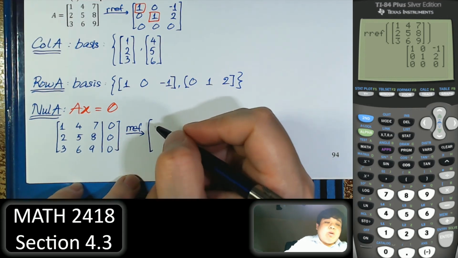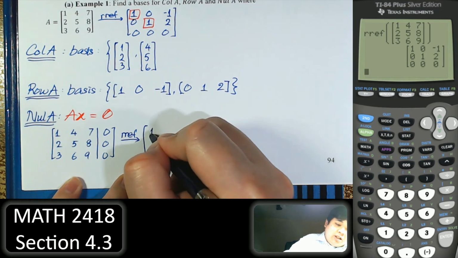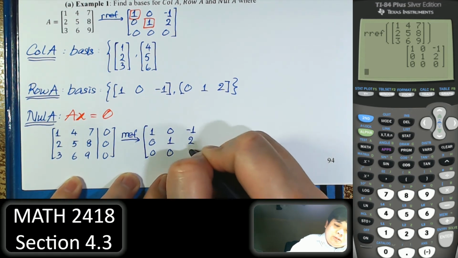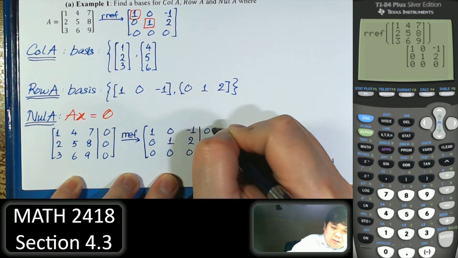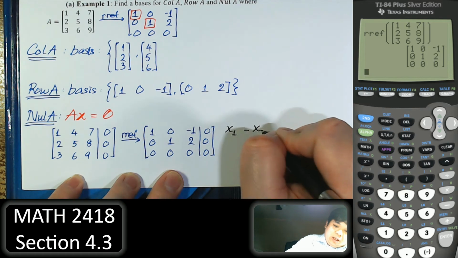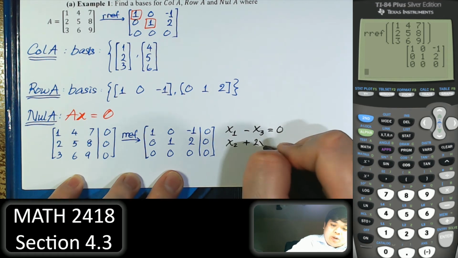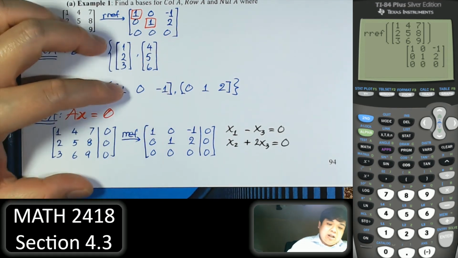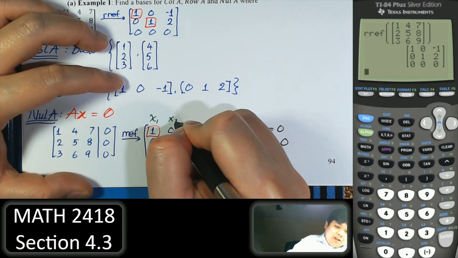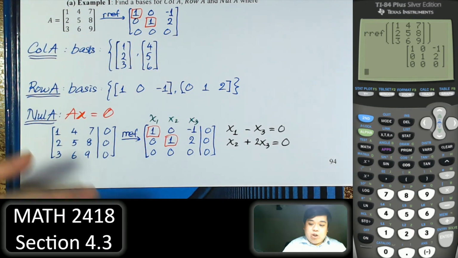Because when we do the reduced row echelon form, we're going to get that on the left hand side, and the right hand side is still 0. Which we can write as x1 minus x3 equal to 0, and then x2 plus 2x3 equal to 0. And in here we see the pivots here and here. So x3 is the free variable, x1 and x2 depend on it.